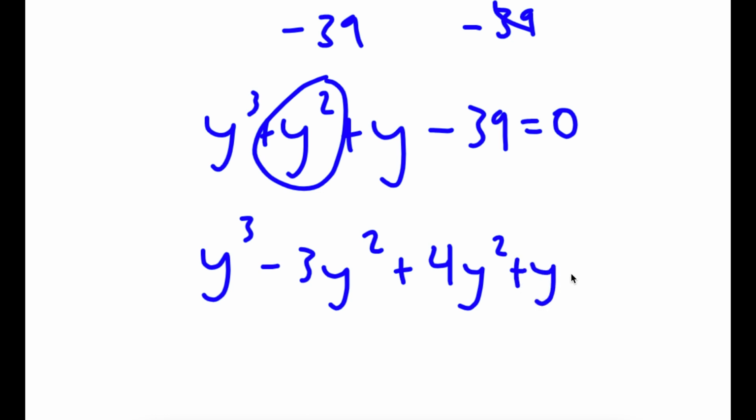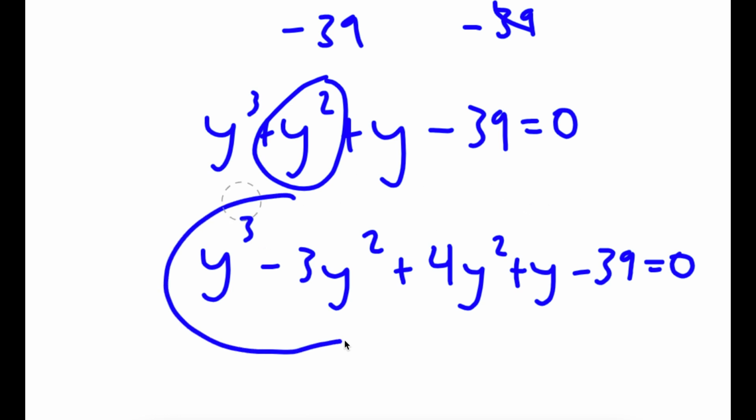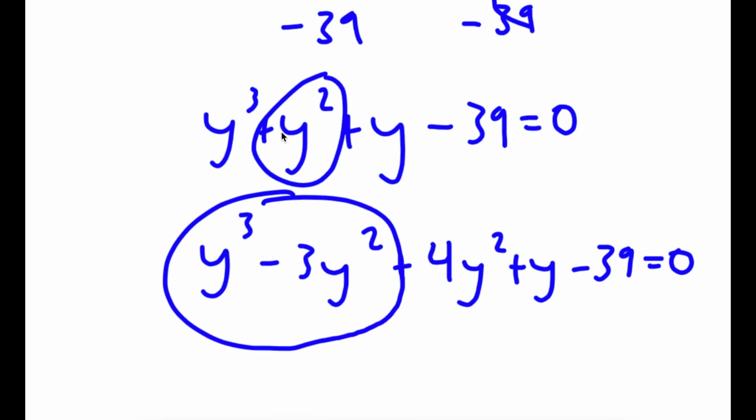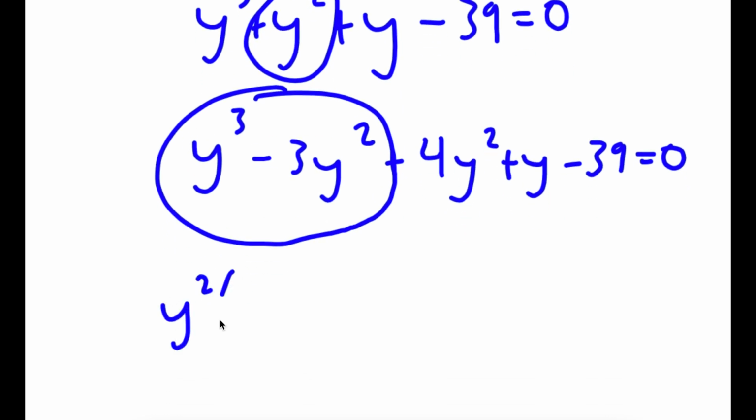So I have this plus y minus 39 is equal to 0. Now, from y to the power of 3 minus 3y squared, I can factor out y squared. So I have y squared times y minus 3.